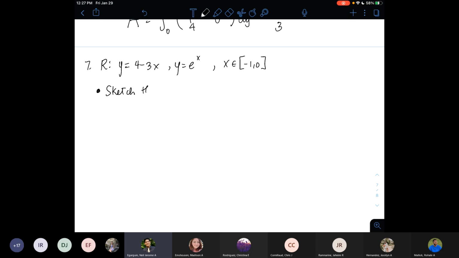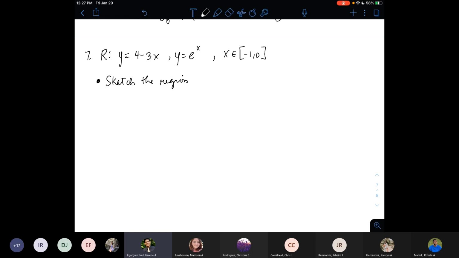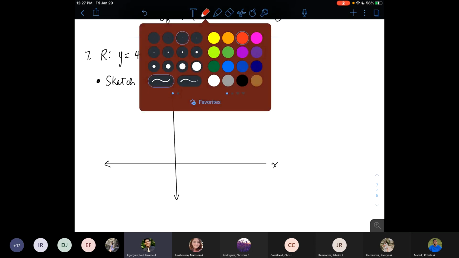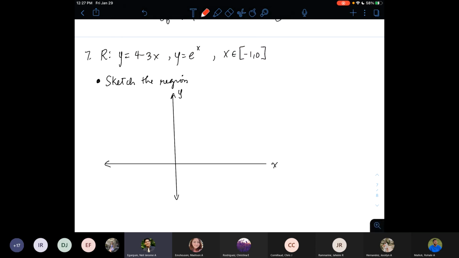We sketch the region by plotting the graphs. I'll start with sketching the straight line, y equals 4 minus 3x. I'll start plugging in two numbers. Remember, we are interested only in the interval -1 to 0, so might as well use those two values for x.